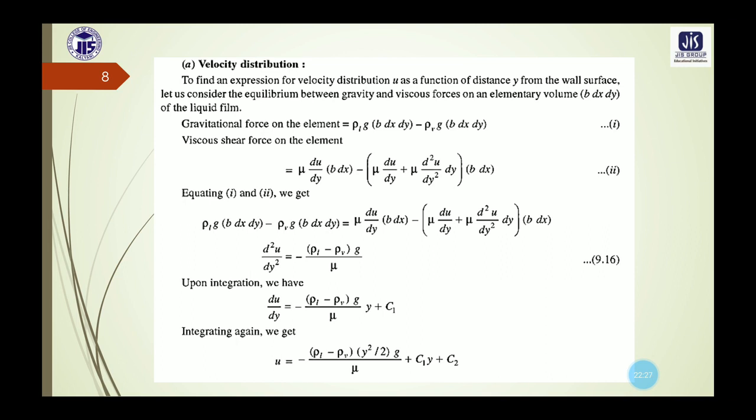Now if we again integrate this equation, then we will get the representation of u, but with two different integration constants, C1 and C2. As we need to find the expression for the velocity distribution, that is u here, we need to consider the boundary conditions, and based on those boundary conditions we need to find the values of C1 and C2.